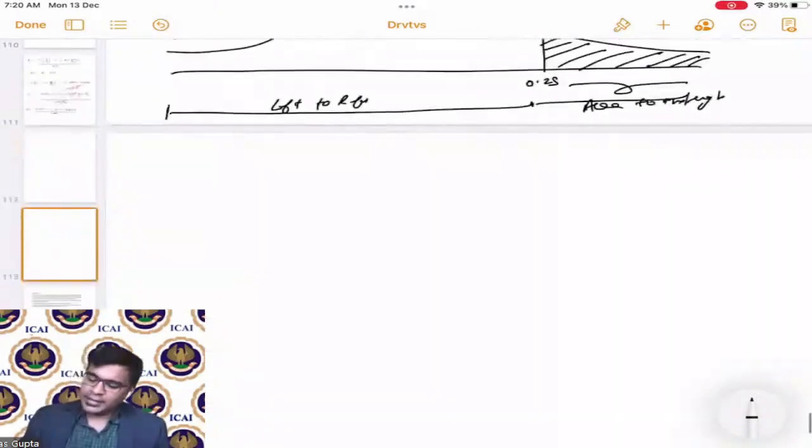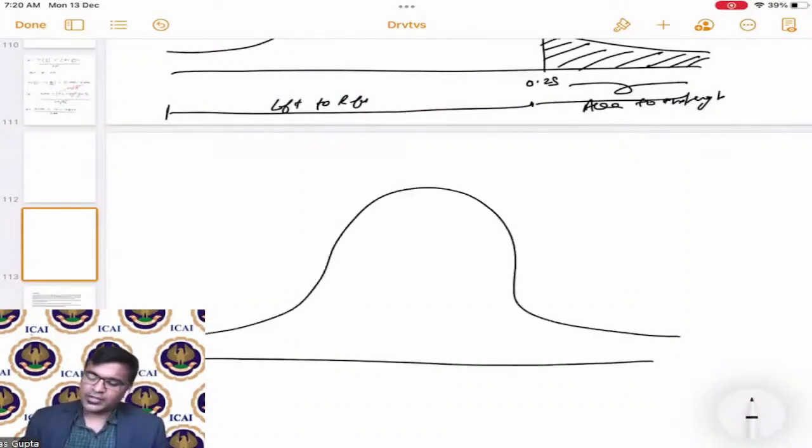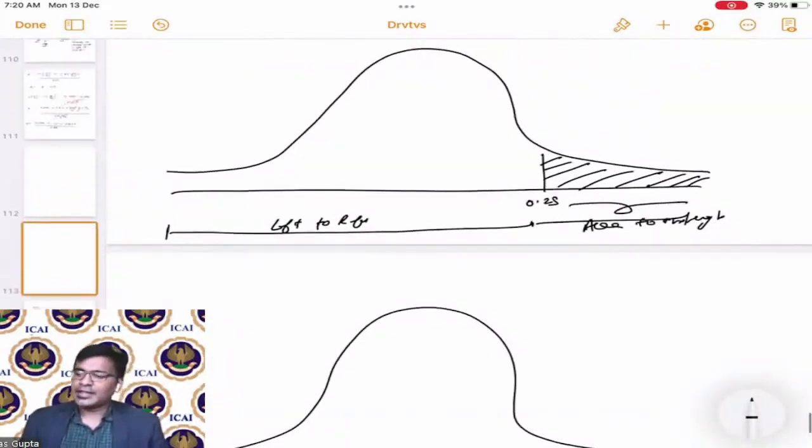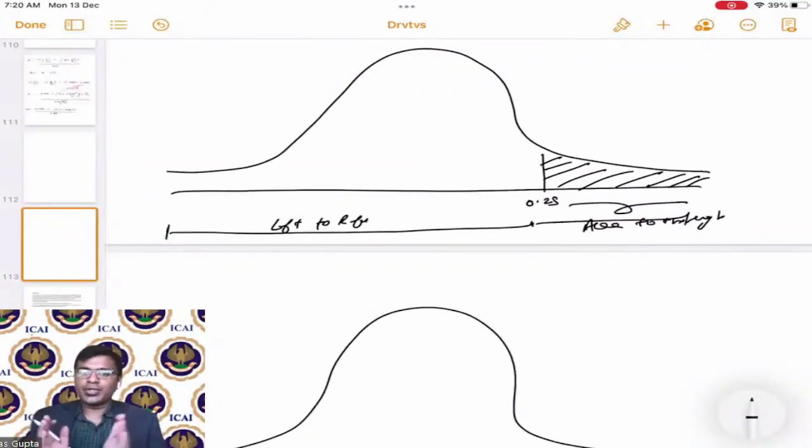Similarly, if we talk about the area to the left, we have already said that the normal distribution distributes the data evenly, correct? Half of the data to the left will be 0.5, half of the data to the right will also be 0.5, 50%.